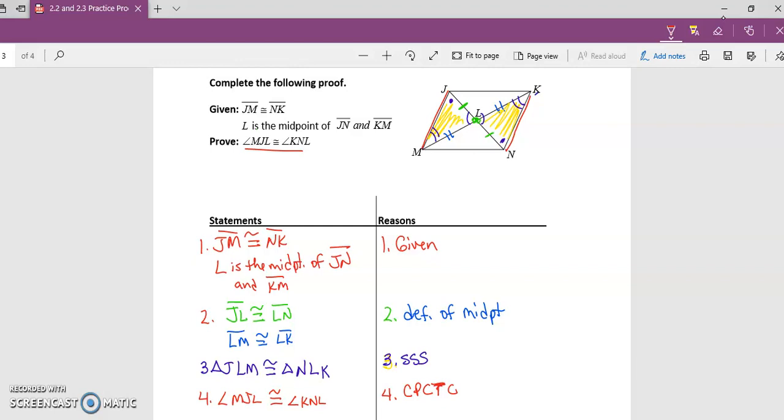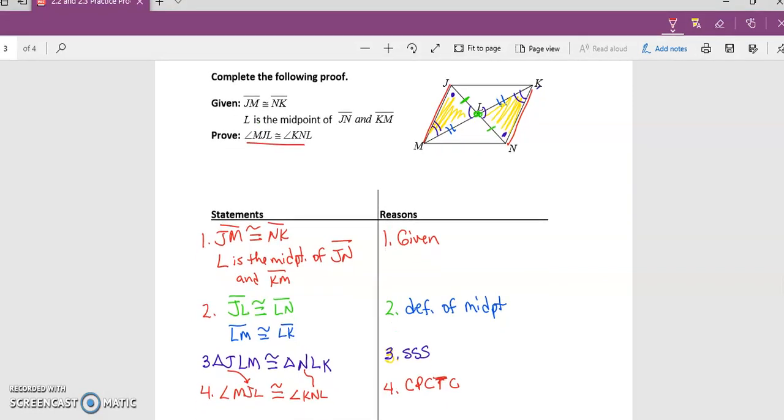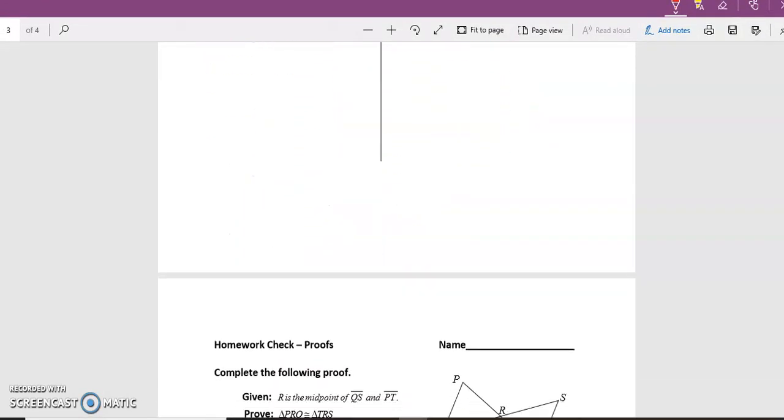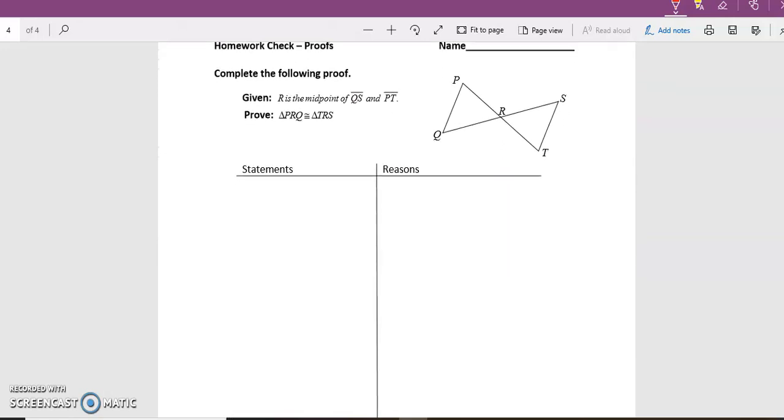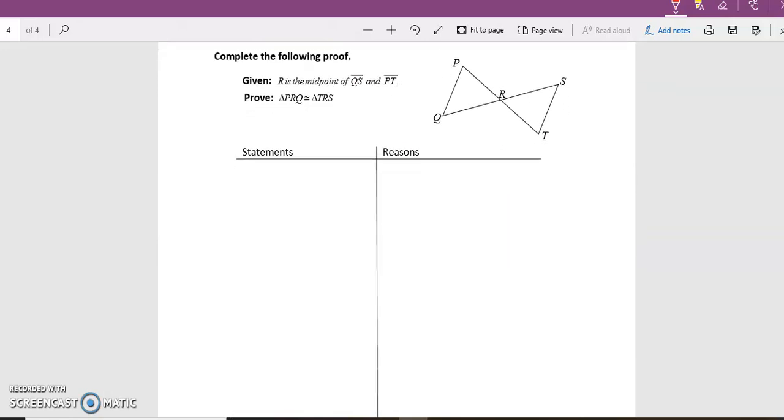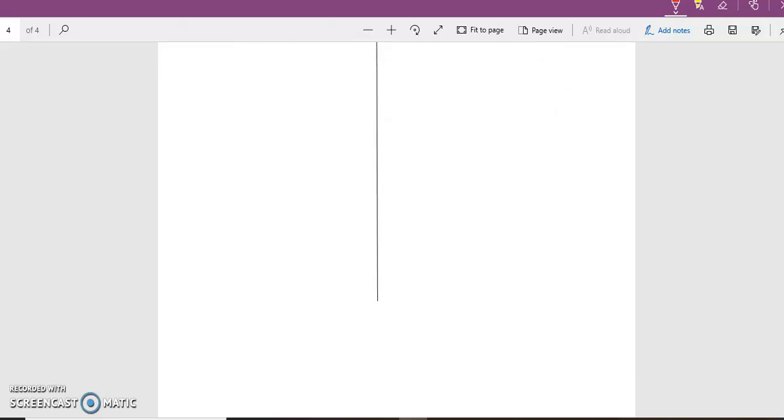So once I know the triangles are congruent, then I know that the parts are congruent. Angle J in this triangle is congruent to angle N in that triangle. So CPCTC in that box. And that one is pretty much the same there.